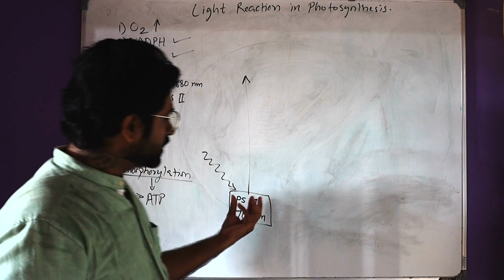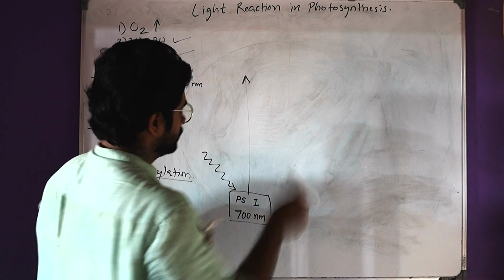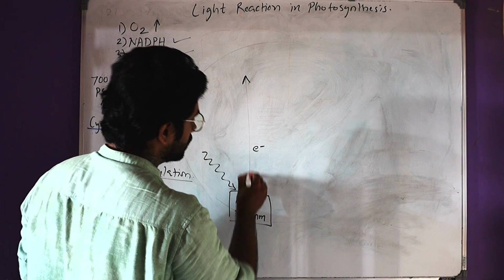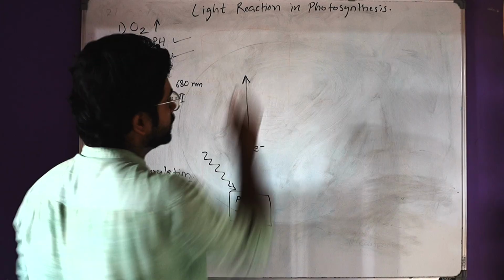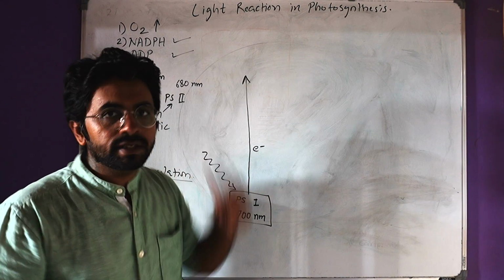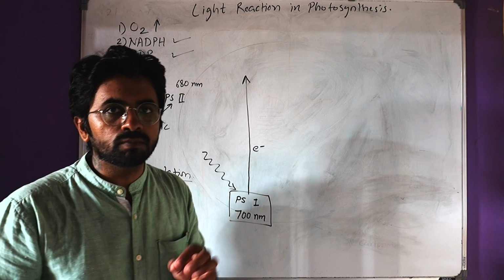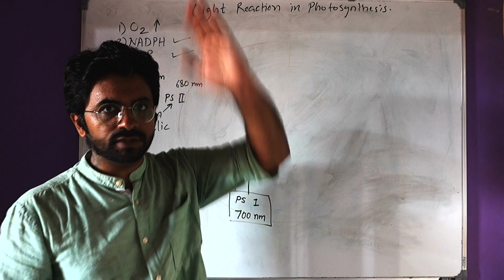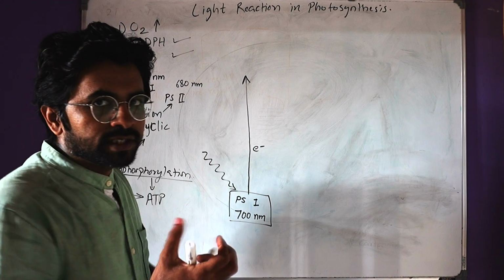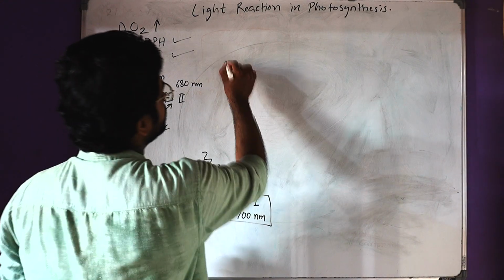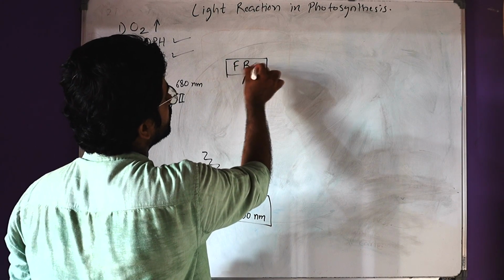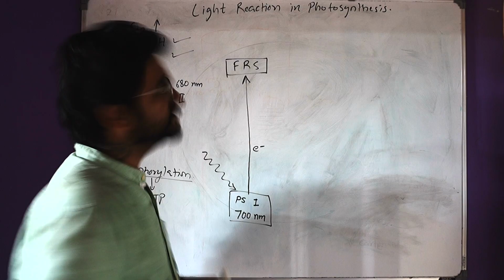So if the electron is traveling from here, now look at the movement from low energy state to high energy state, known as uphill movement. Uphill means low energy state to high energy state. The electron then gets accepted by something called FRS. What is FRS?